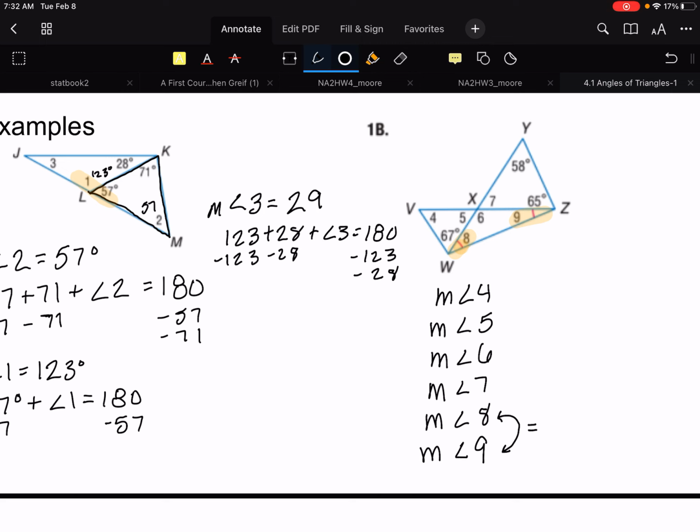I would go through and find out what all of your angles are first and then put them into Edpuzzle. So don't just answer the question as it comes. I would figure out what all of them are first and then do the Edpuzzle part of it. Use the same ideas that we did on the last one. Look for some straight lines.